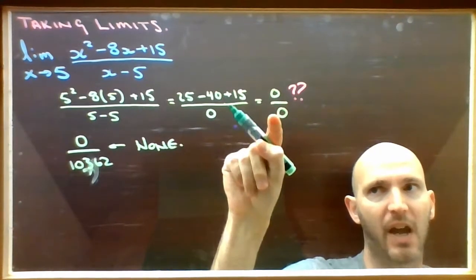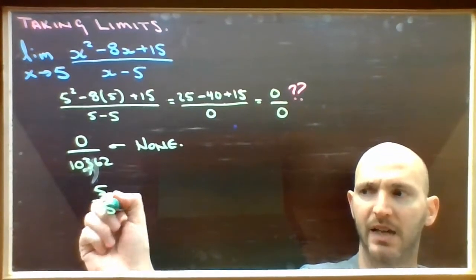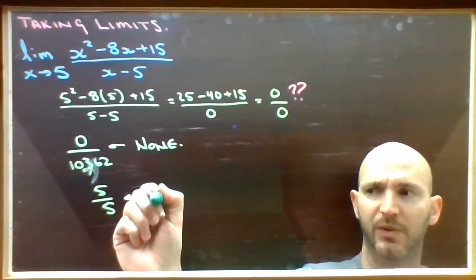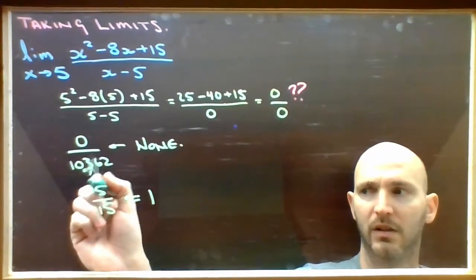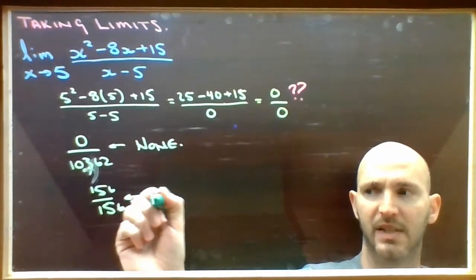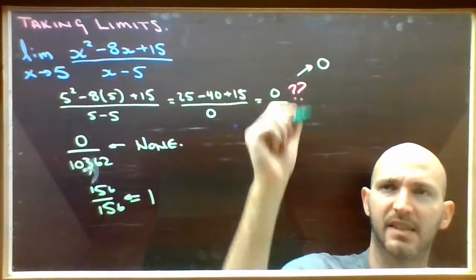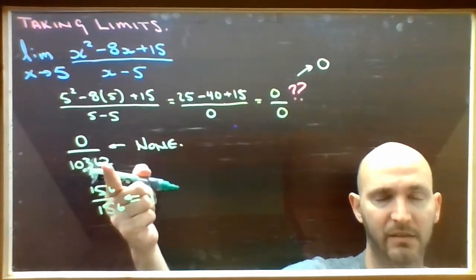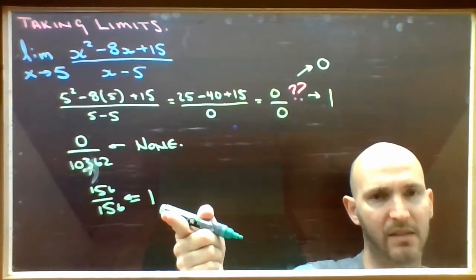But if you divide something by itself, like 5 out of 5, that's always equal to 1. 15 divided by 15 is 1. 156 by 156 is 1. So is this 0 because of that? Or is it 1 because of that?